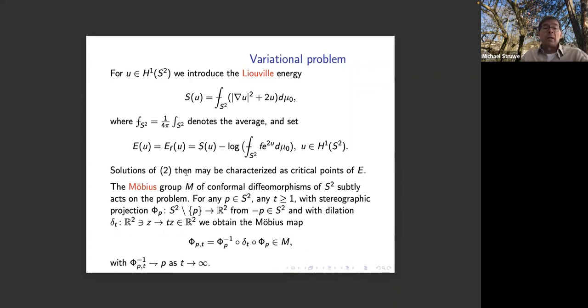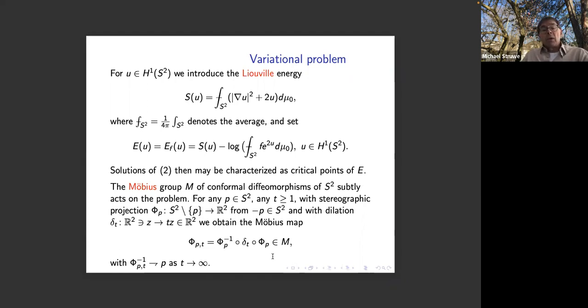In particular, we can do conformal dilations from a point p on the sphere by taking stereographic projection from the point minus p to the plane, dilating with the parameter t, and then mapping back using the inverse of stereographic projection phi_p. Then as t tends to infinity, phi_{p,t} converges to p in pointwise sense away from minus p.